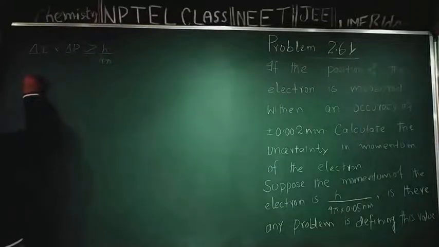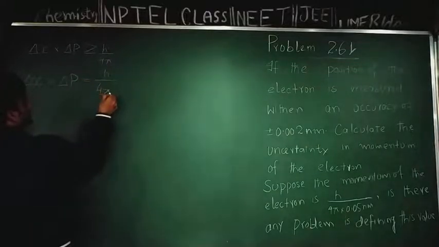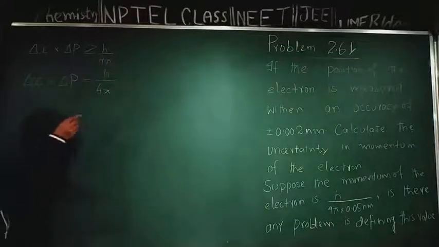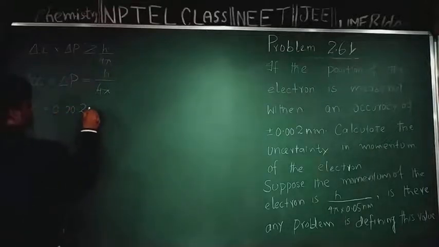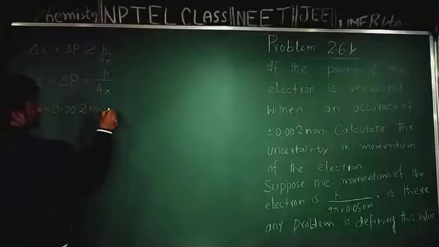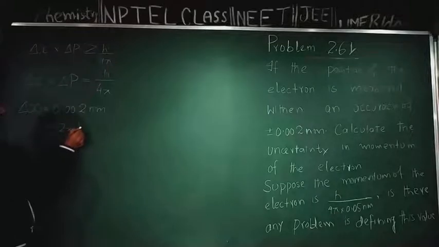And for problem solving, the value of the constant is taken equal to its minimum value, that is h by 4 pi. Now looking into the problem, uncertainty in position is given equal to 0.002 nanometer. I will first convert it into meters. It will be equal to 2 into 10 to the power minus 12 meter.